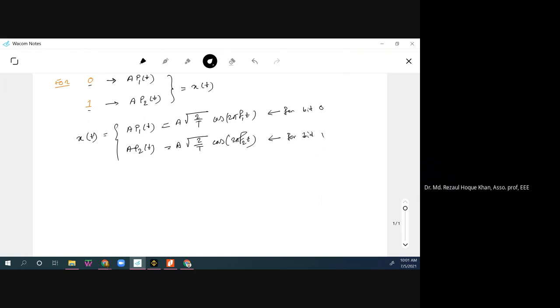In both cases you see how the waveform differs: the waveform only differs by frequency. That's why this scheme is termed FSK, frequency shifting. Individual bits differ in frequency. That's why this is an FSK modulation scheme.